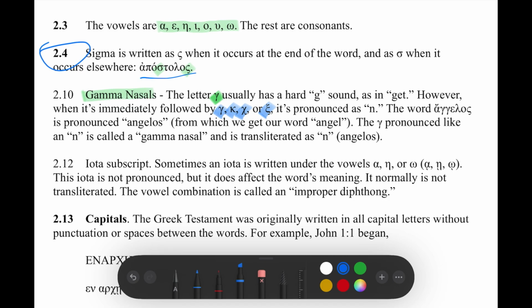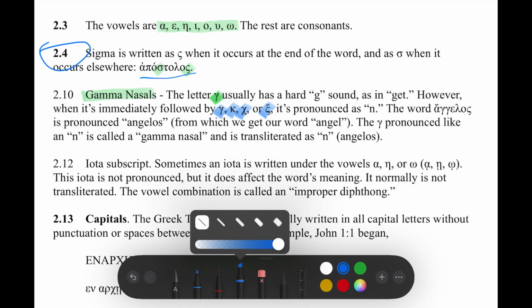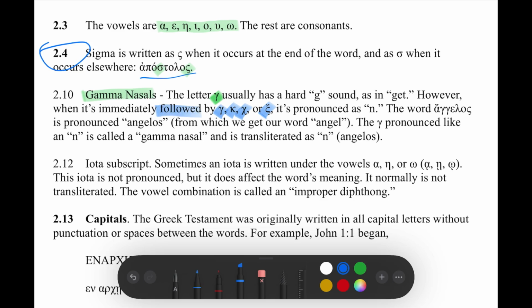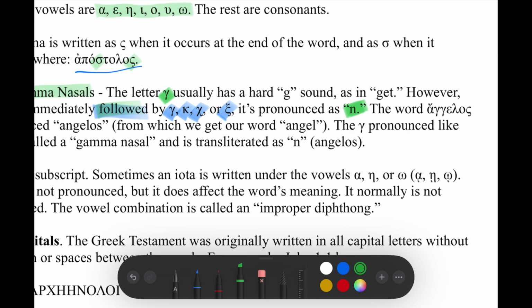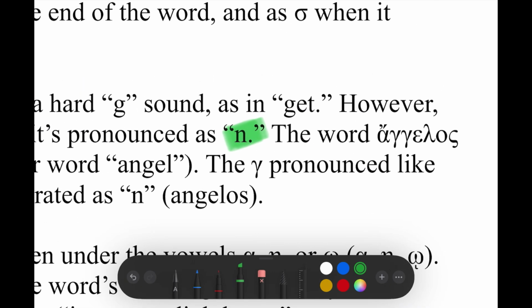So when it's immediately followed by those letters, it's going to be pronounced as an N. So the first gamma in the word angels, for example, angelos, this one preserves the G sound, but this one becomes an N sound.